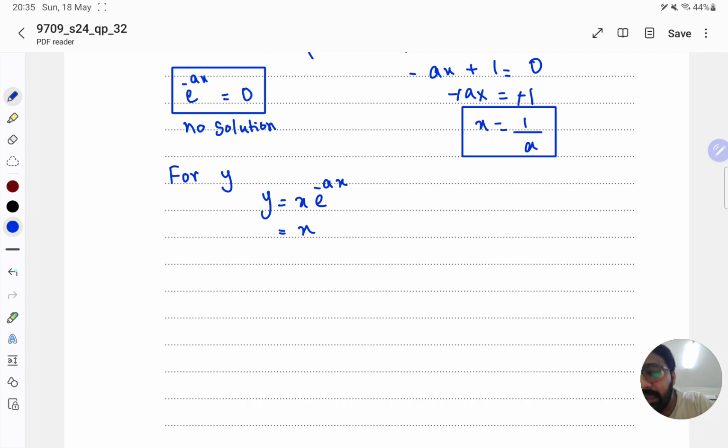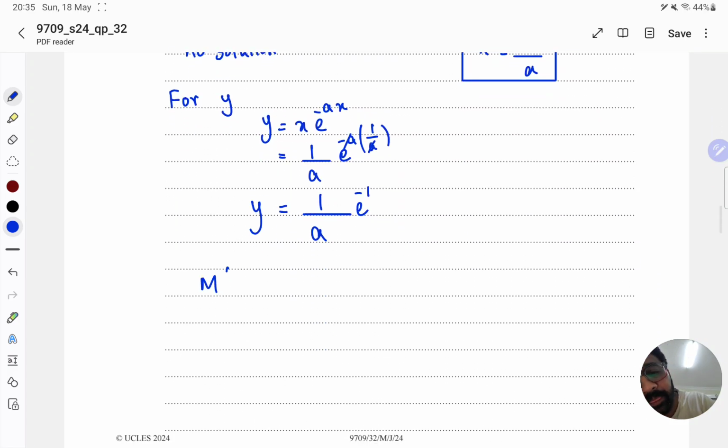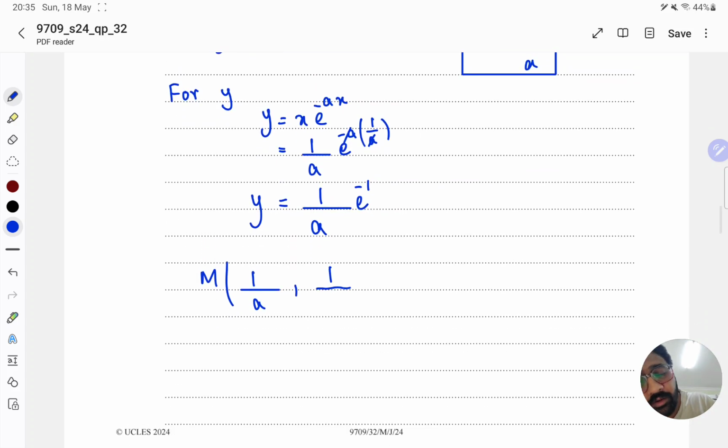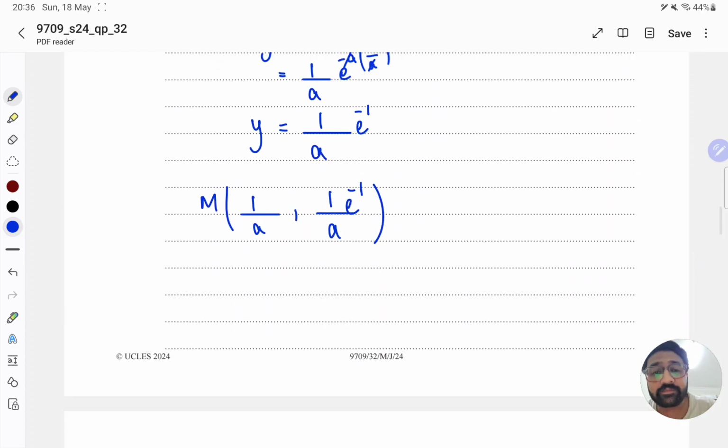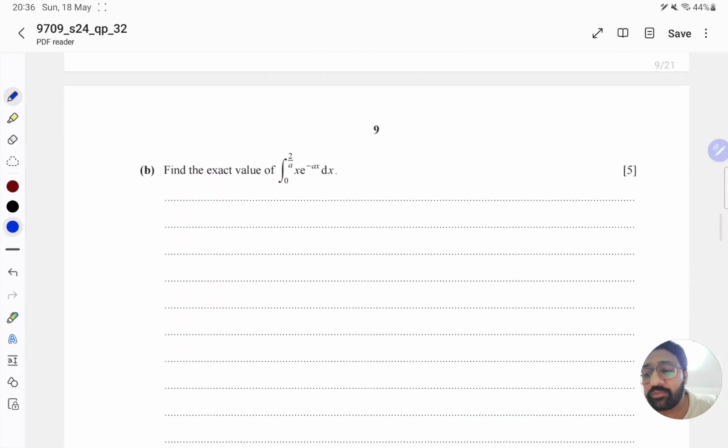I have to replace x with 1 over a, and e raised to the power of minus a into 1 over a. This will simplify. I'll be left with the value of y as 1 over a e raised to the power of minus 1. So the coordinates of m will be 1 over a and 1 over a e raised to the power of minus 1. So these are the exact coordinates of m.